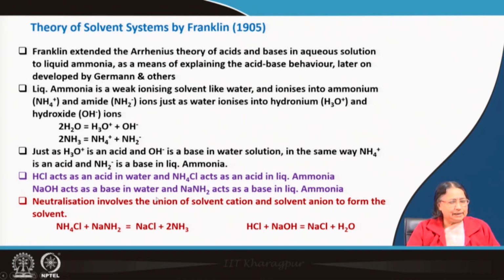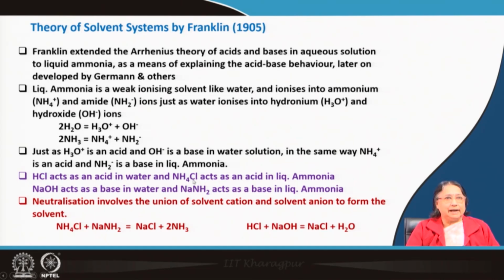He could explain many things. For example, HCl acts as an acid in water, and ammonium chloride acts as an acid in a very similar way in liquid ammonia. So, HCl gives H plus ion in water medium, that is why it is an acid in water, and ammonium chloride in liquid ammonia gives NH4 plus. So, it is an acid.